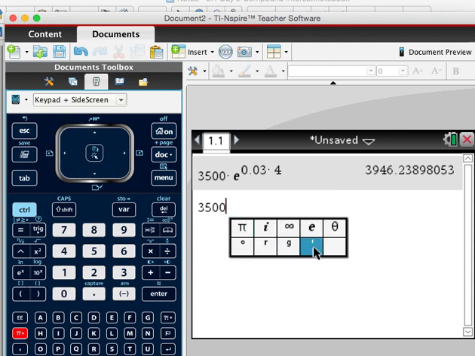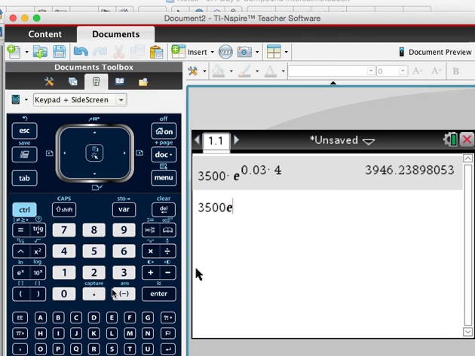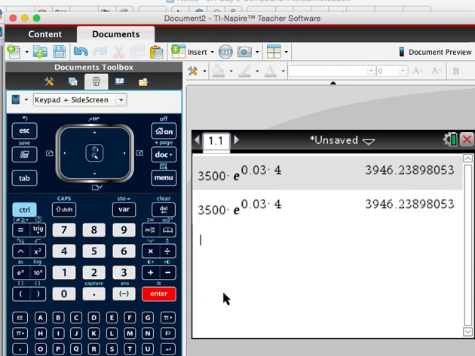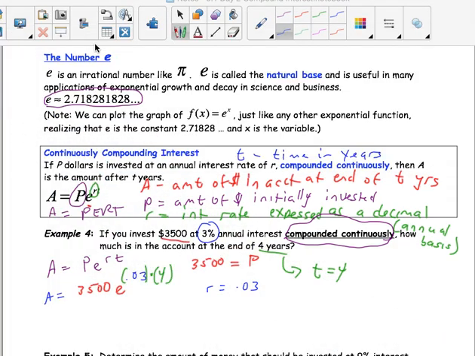So I can hit e, 3,500, and then I'll have to use the exponential function button, which is this little caret, then 0.03 times 4. Either way is fine. In both cases, we get our solution, which is 3,946.24, since it's money, we'll round to the nearest hundredth or the nearest cent. So we'll put our answer down here.